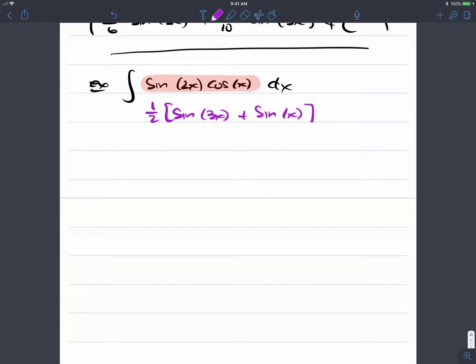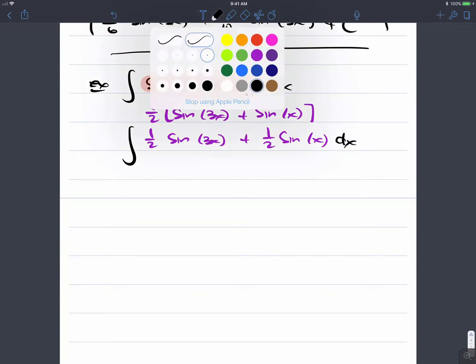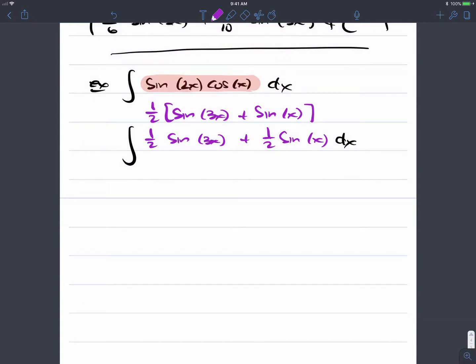So here's my integration. I'm going to distribute now. I get 1/2 sine 3x plus 1/2 sine x. This is what I'm going to integrate. Properties of integration, 1/2 integral of sine 3x dx. Let's go back.